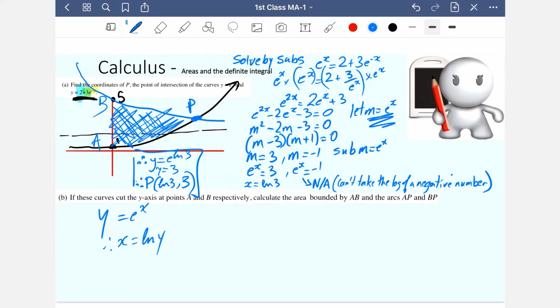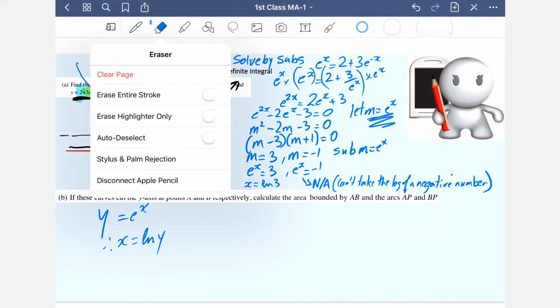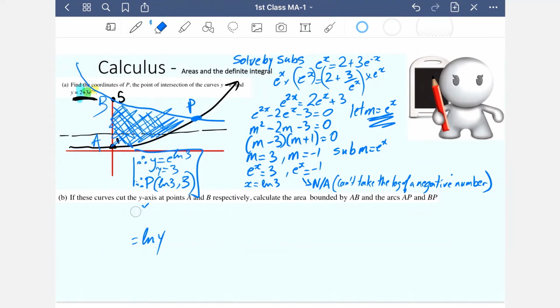And the issue here is that you cannot integrate any log functions. Like, this is not within the scope of our course. Okay, so that's undoable. So now what we're going to do is we're going to do this with the area between two curves, the region between two curves.